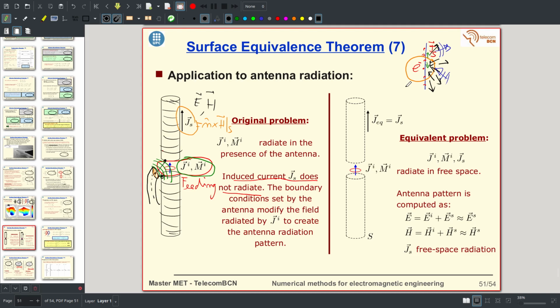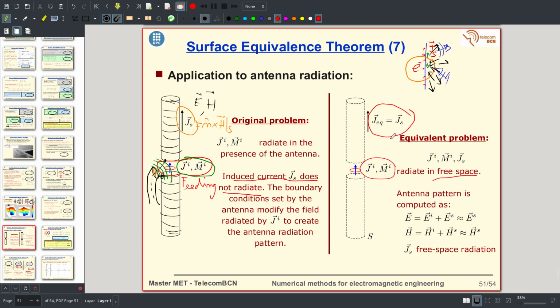However, in the equivalent problem, we have everything radiating in free space. We have equivalent currents equal to the induced currents, and the impressed currents, they all together radiate in free space, so it is easy to compute.